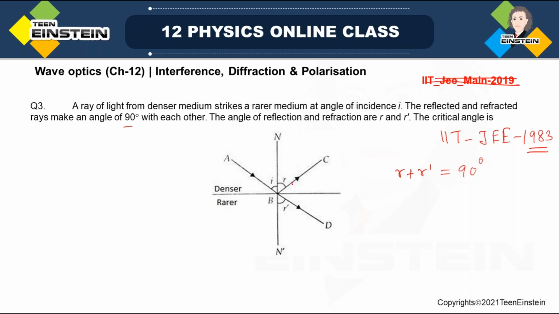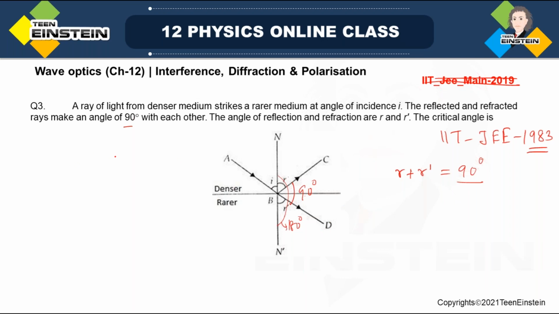These two, they make an angle 90 degree. If this is 90 degree, then these two also have to be 90 degree, because ultimately the total angle will be 180 degree. So this is 90 degree, means this plus this also should be 90 degree. So this is the thing.